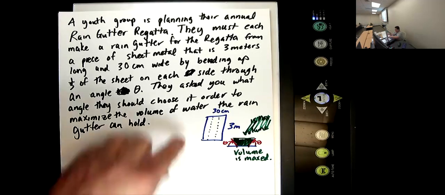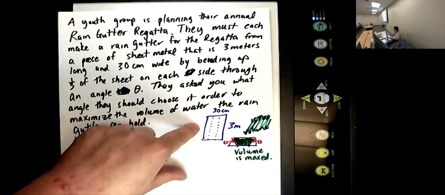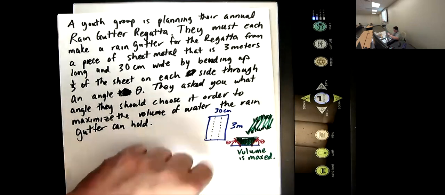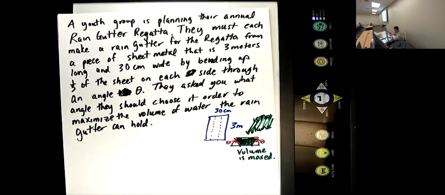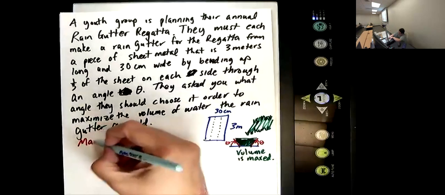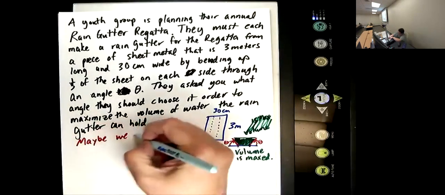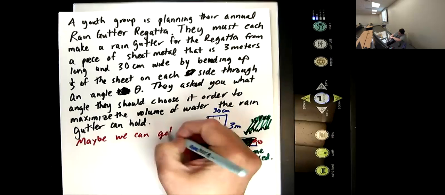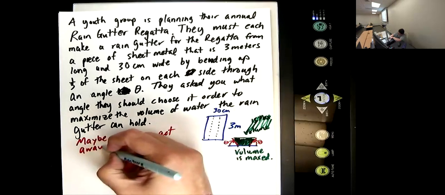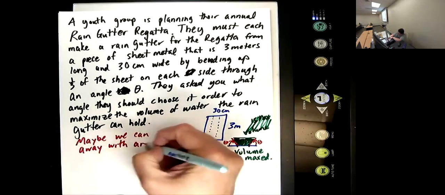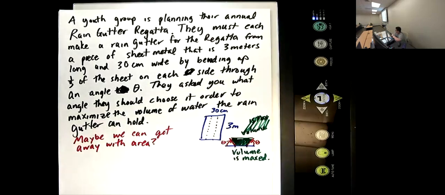The height is going to be the 3 meters. Whereas the width, well. So maybe we could get away with doing the area. We could always scale it up, do the volume afterwards, make sure it works.